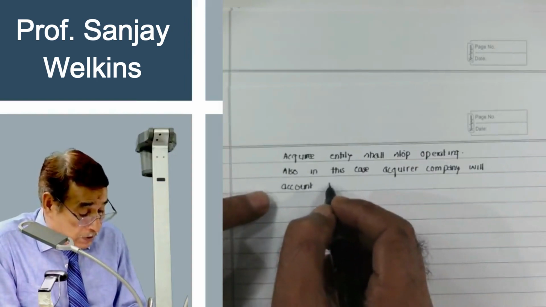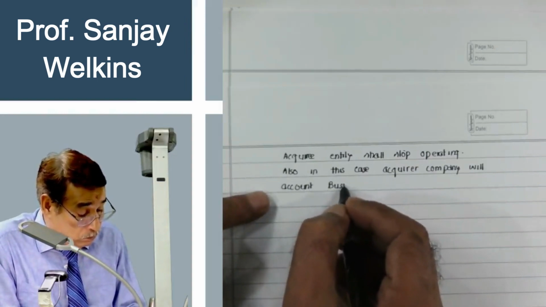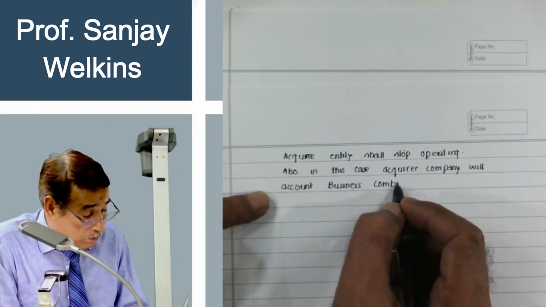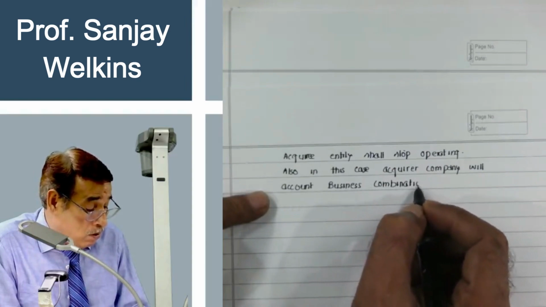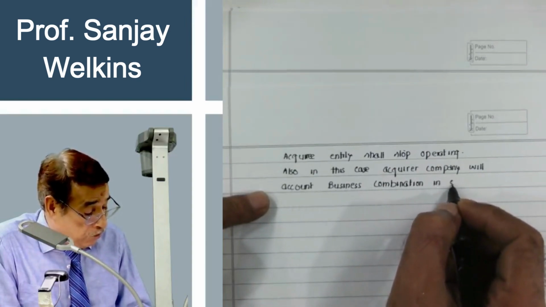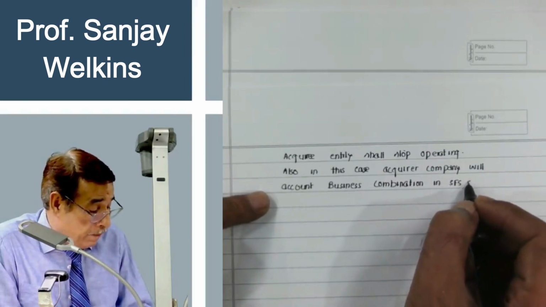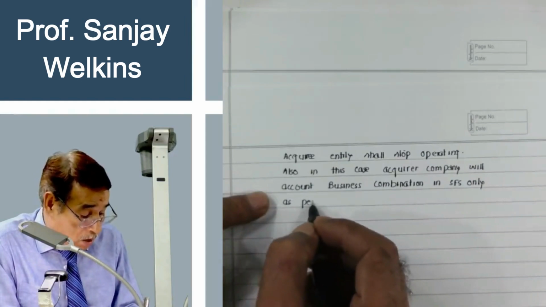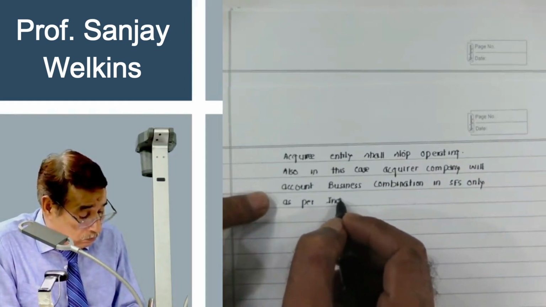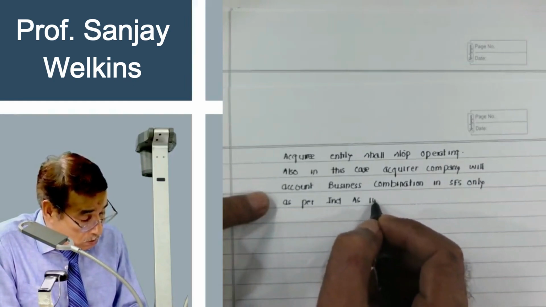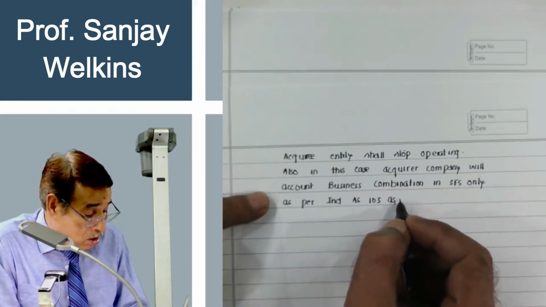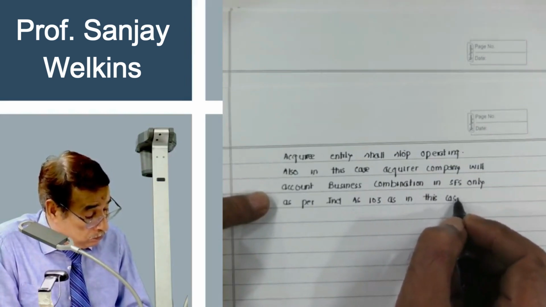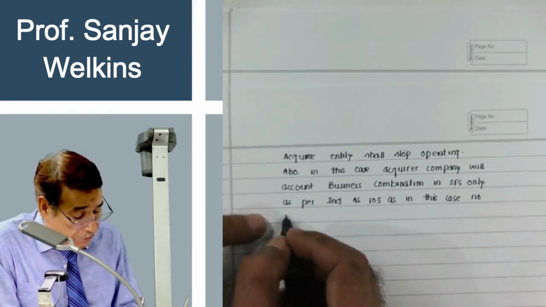The acquirer will account for the business combination in separate financial statements only, as per Ind AS 103, as in this case no CFS is required.